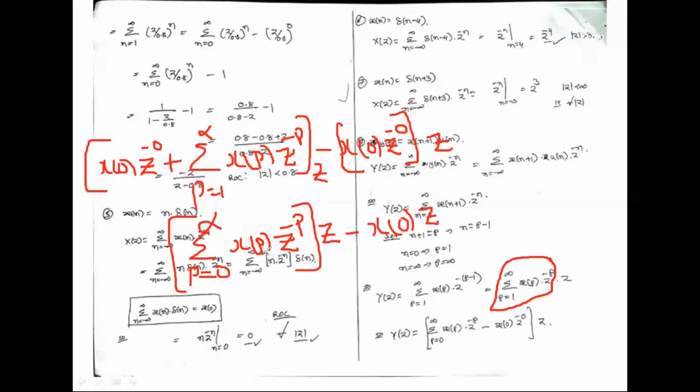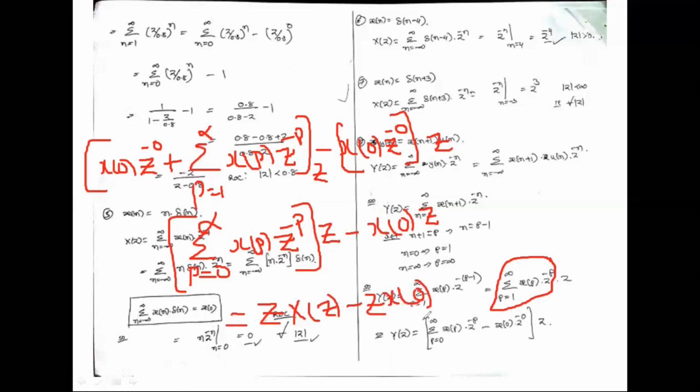So according to the unilateral z transformation, the definition of z transformation is from 0 to infinity only. Z into x of z minus z into x of 0 is the total function.